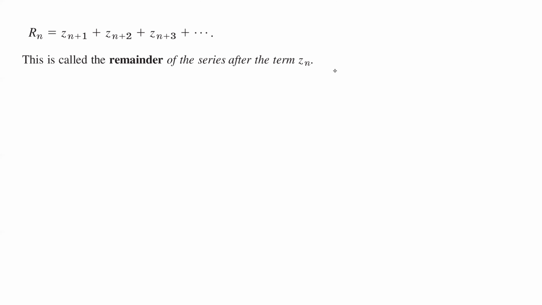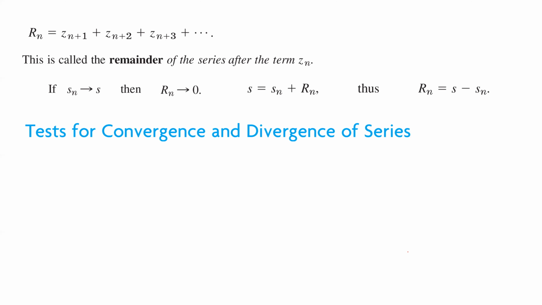The remainder of this series after Zn is called Rn. And if Sn has a limit, Sn goes to S, then Rn goes to 0, obviously, because S is Sn plus Rn, and Rn is S minus Sn. So if Sn approaches S, Rn approaches 0.